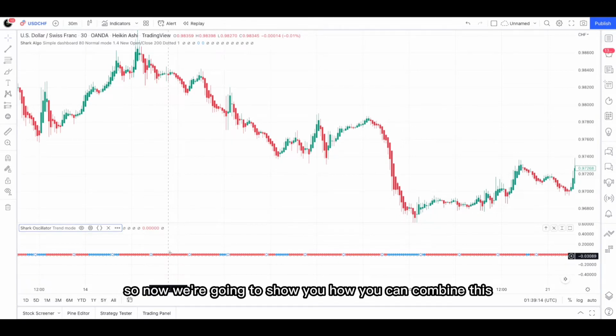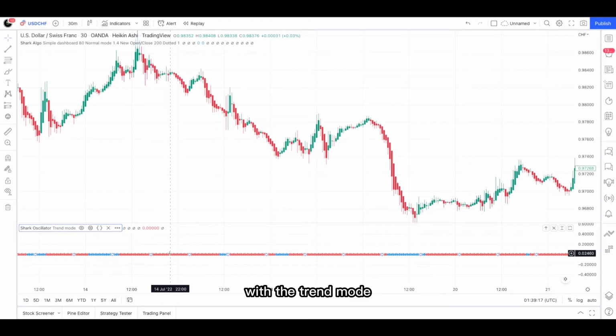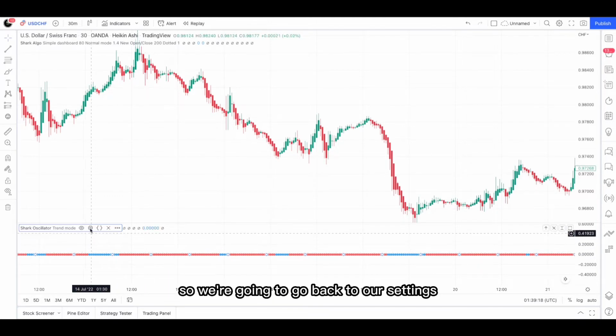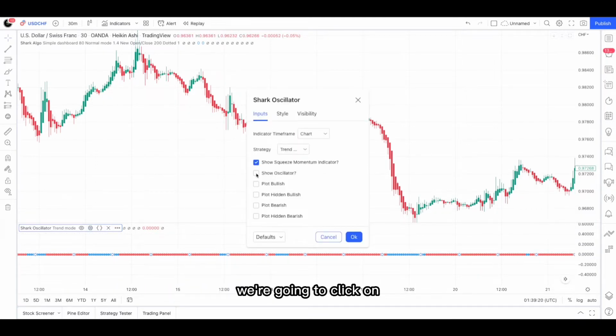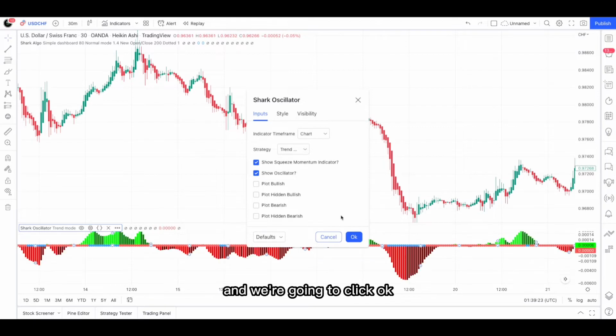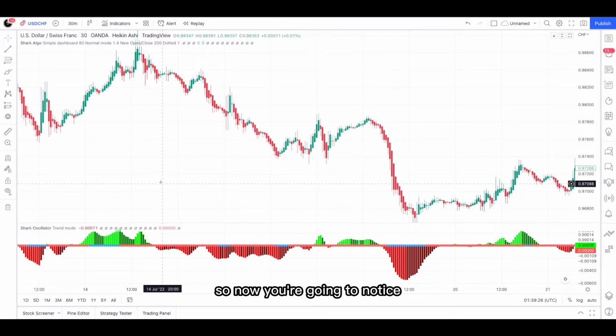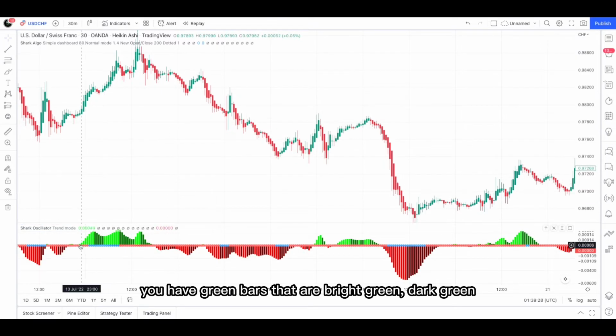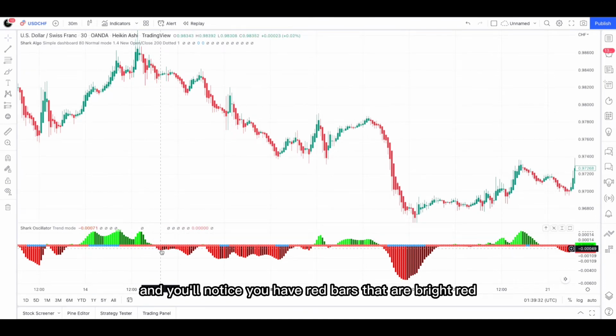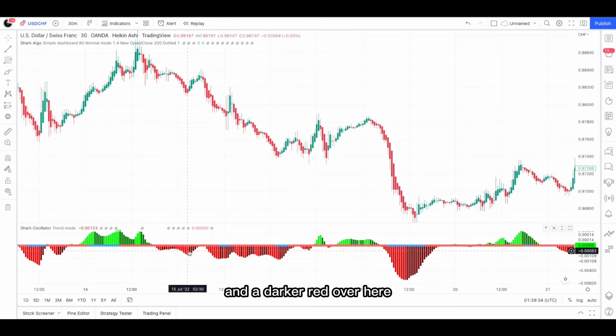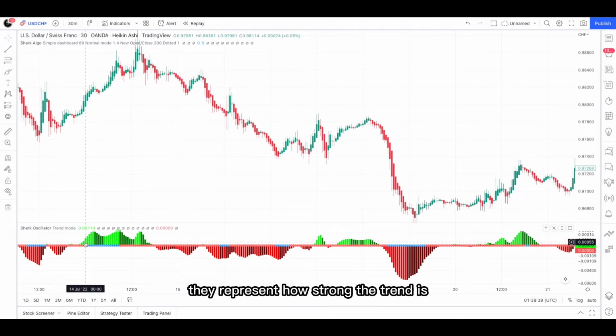Now we're going to show you how you can combine this with the trend mode, with the oscillator. So we're going to go back to our settings. We're going to click on Show Oscillator, and we're going to click OK. Now you're going to notice green bars that are bright green and dark green, and red bars that are bright red and a darker red. These represent how strong the trend is.